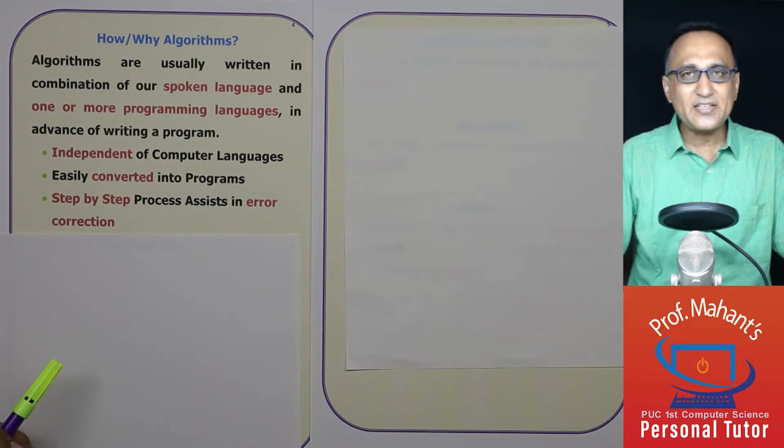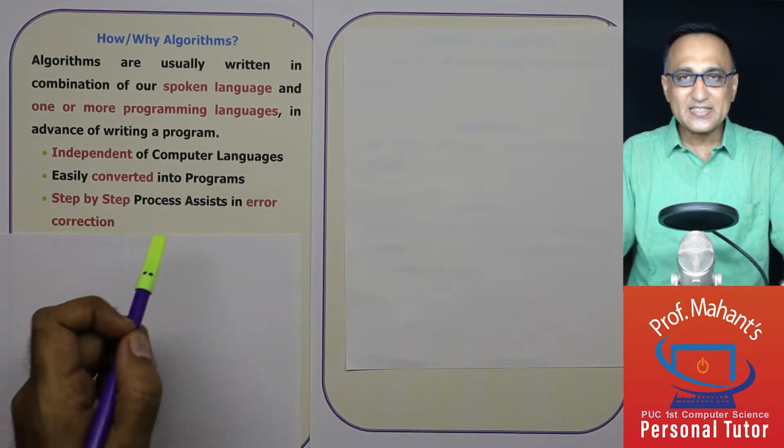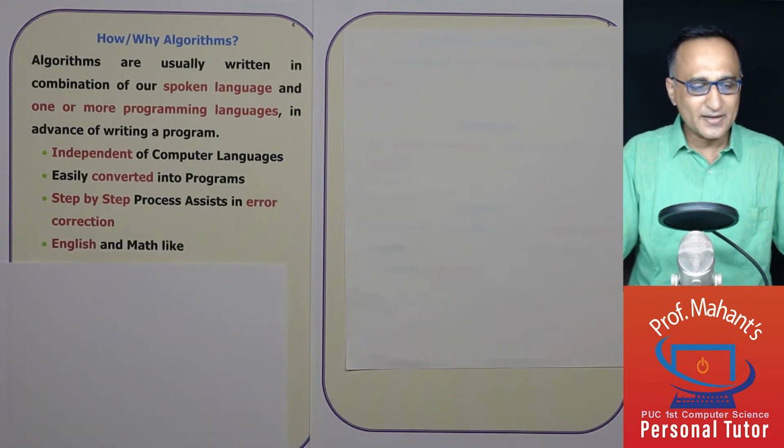Let us say I only read the base and I forget to read the height. When I am trying to calculate the area as half base into height, I will automatically know that there is some problem at the prior step because height is not read. So it assists in step-by-step tracing and thereby easy correction of errors.